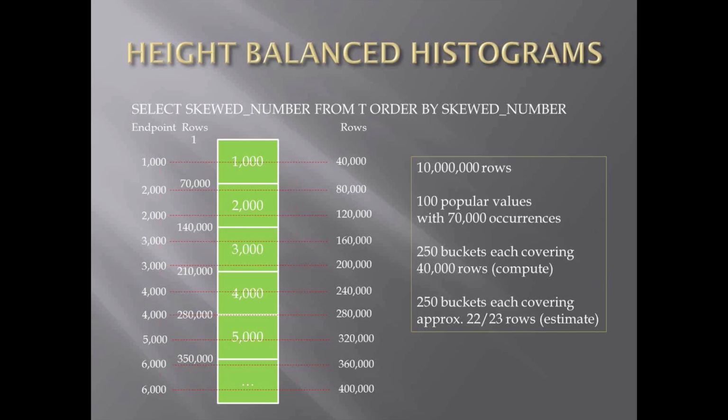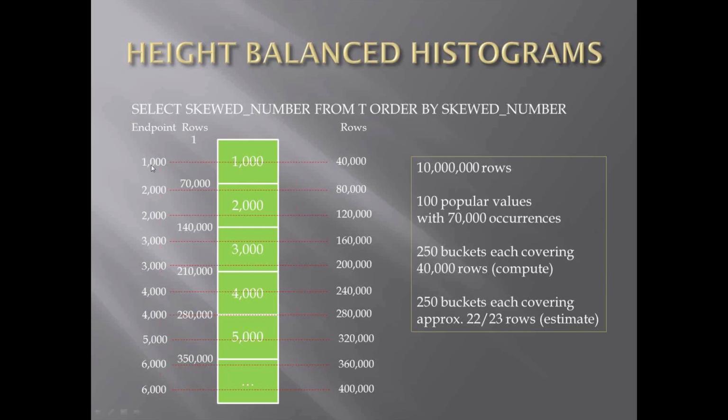But it basically creates the number of buckets, 250 buckets in this case, that cover the same number of rows. And the only information that the height balanced histogram basically consists of is the information about the endpoint value when the bucket ends.